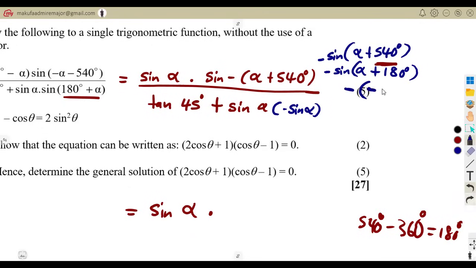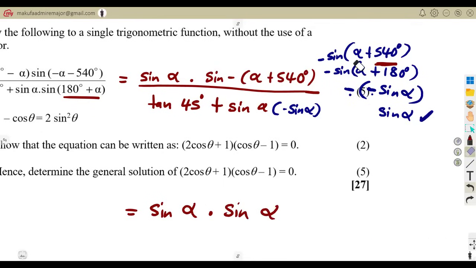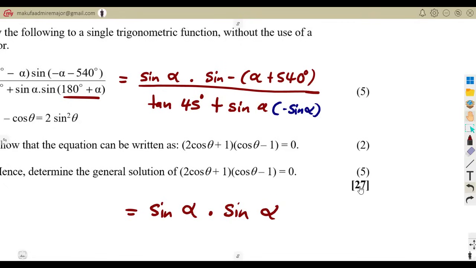So minus minus gives us what? A positive. That's a sine alpha at the end. So this whole part here, this whole part of sine minus, is the sine alpha in short. All right. So I just hope, guys, you saw this simplification. Let's move on to another part.